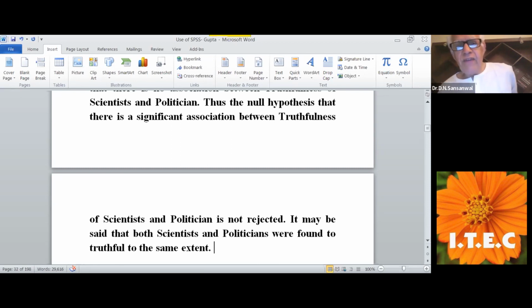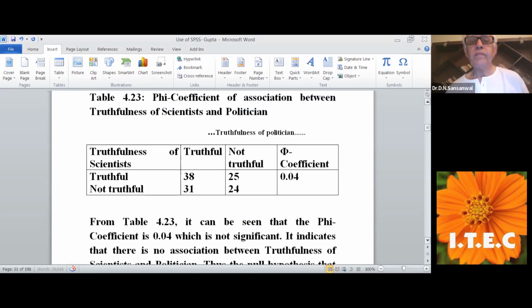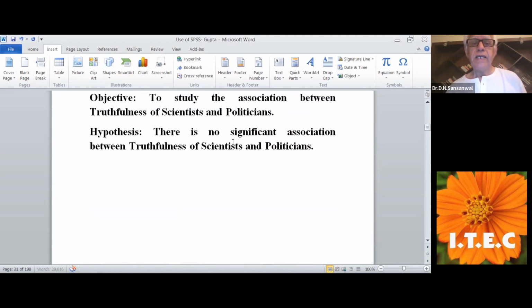By chance, if the phi value is significant, then you can say that there is a significant association. Yes, here I wrote there is no significant association.